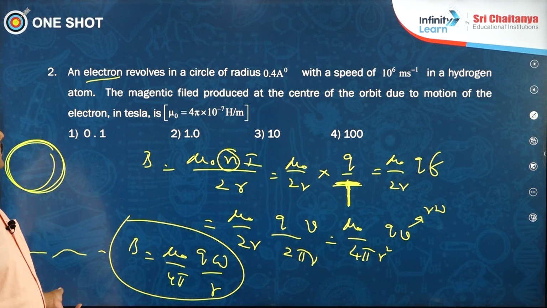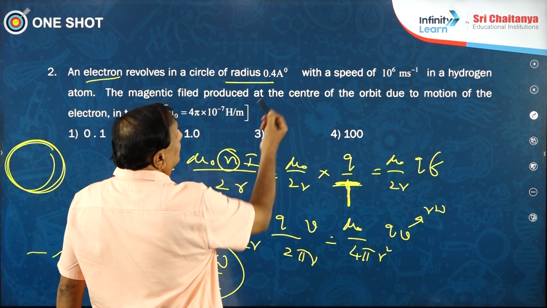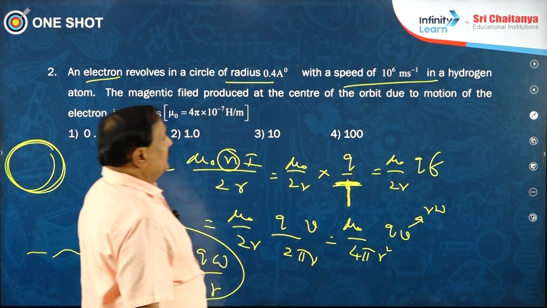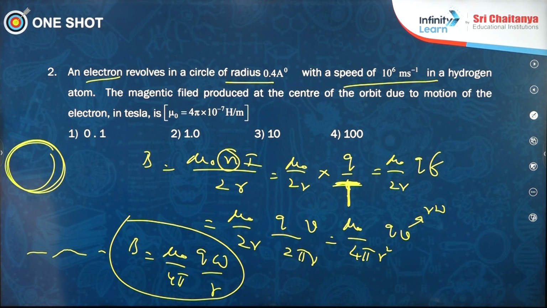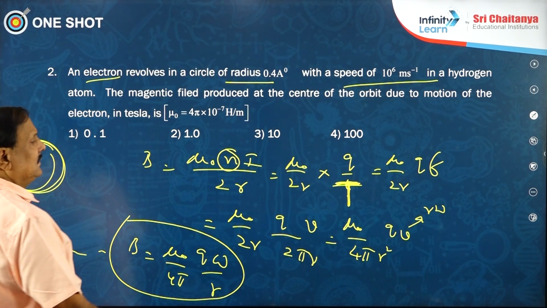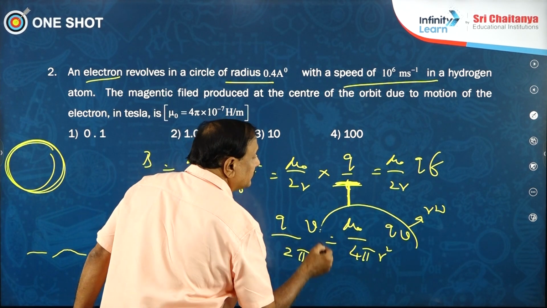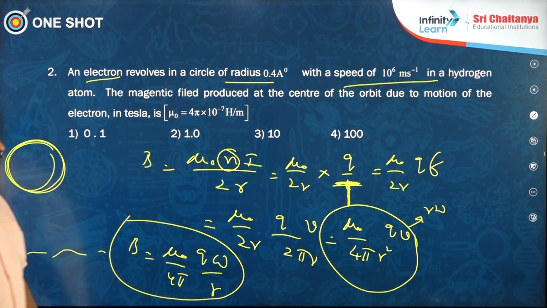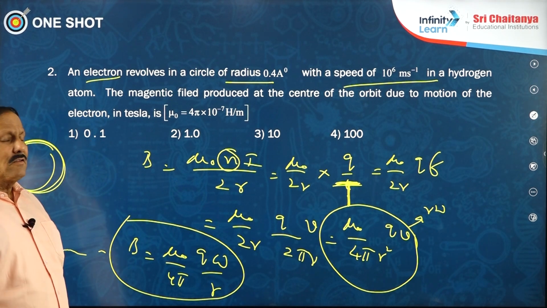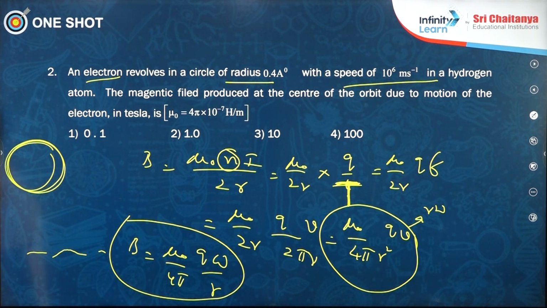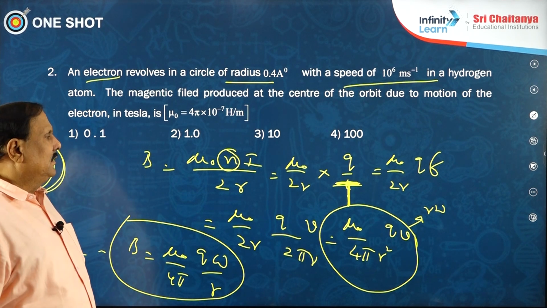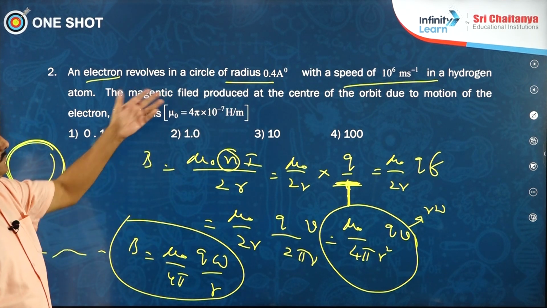So, it all depends. In this particular question, if I come to it, they gave radius and velocity. Which formula do I have to select? This formula. I have to select mu naught by 4 pi into Q V by r square. Q, the charge of the electron, is 1.6 into 10 power minus 19, velocity is given, radius is given.